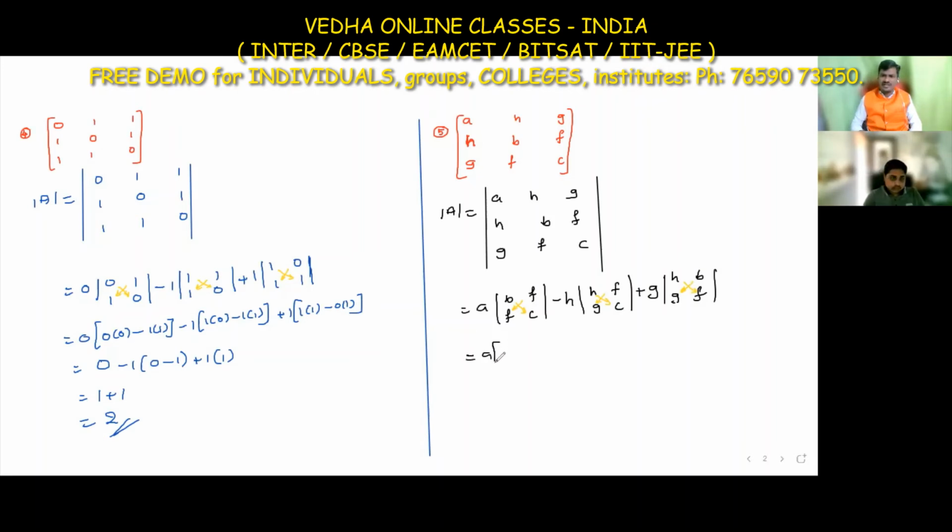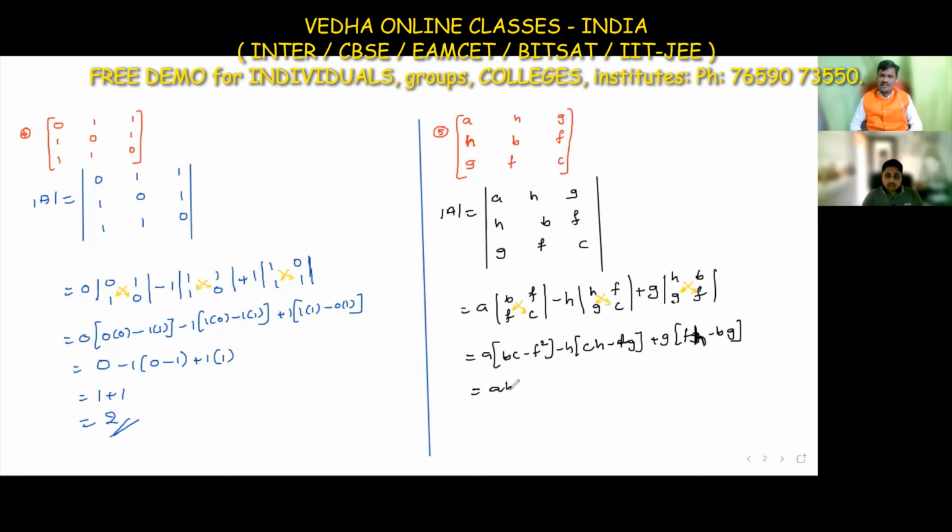Here A is outside, B C minus F into F, F square, right? Minus H into (H C minus F G). Plus G into (F H minus B G).